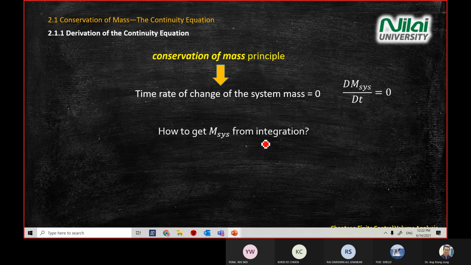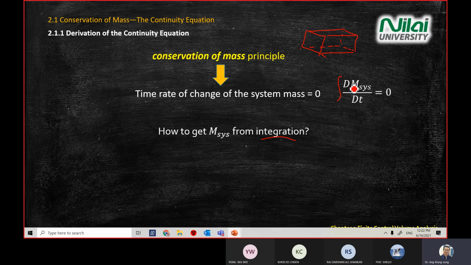Next, you need to recall integration. When you want to get the overall mass for that system, let's say you have a cube and you look at the cube system, you want to know what is the total mass inside this system, then you do integration of this equation.